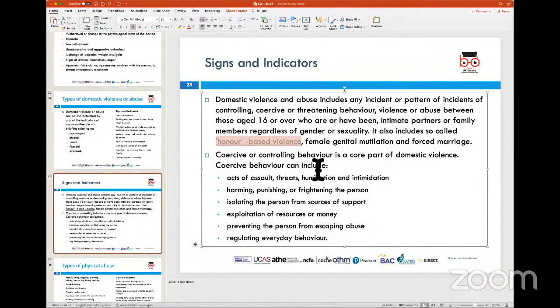When we talk about FGM, this is a training which most healthcare workers, even teachers like us, undergo when we look at taking a training on female genital mutilation. In certain cultures, in certain countries, obviously, parents prefer to have boys rather than girls.